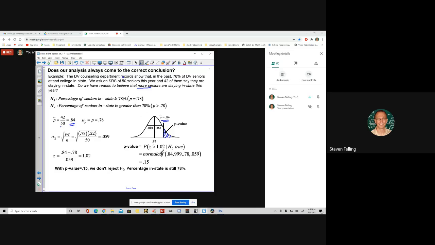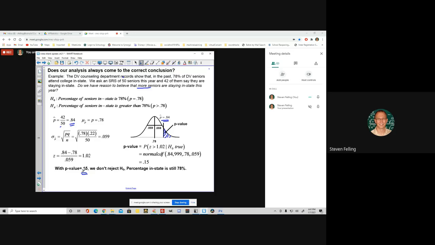So we would do normal CDF from 0.84 to infinity with 78% as the mean and 0.059 as the standard deviation. We get 0.15, which means with a p-value of 15%, there's a 15% chance of this particular sample result happening randomly. That's not unusual enough for us to reject the H0. So we say we don't reject the null hypothesis.